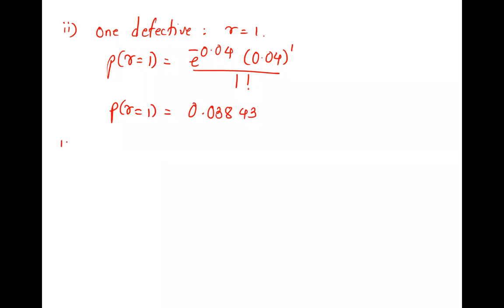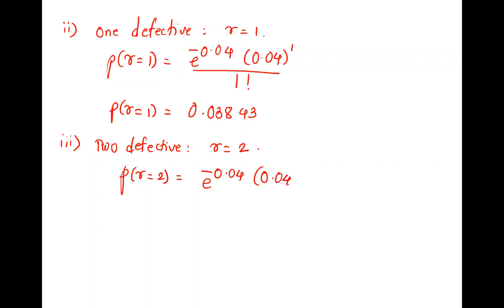Next question is 2 also. So 2 defectives. What is our condition? R equal to 2, right? So probability of R is 2. E raised to minus Z, Z raised to R upon R factorial. Do this.